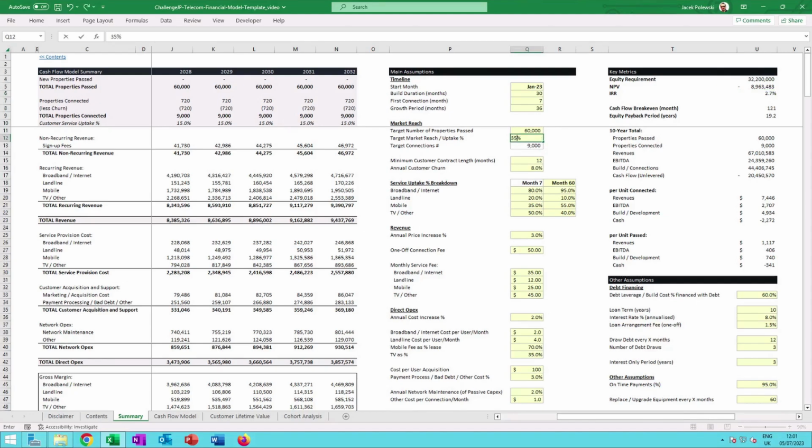Similarly, let's go back to that original assumption of 35%. Let's see what happens to my returns if my debt leverage, rather than being 60%, is 40%. There was a bit of a drop in your returns, but you see that your equity requirement went up from when it was 60%.